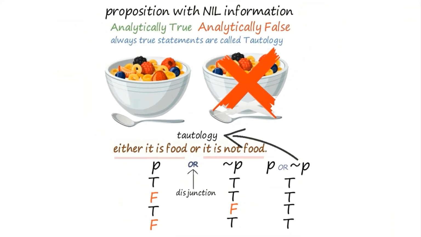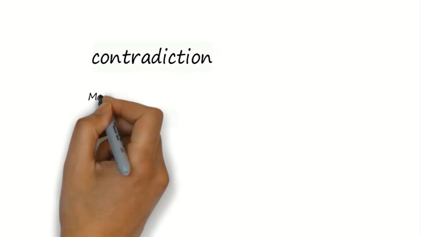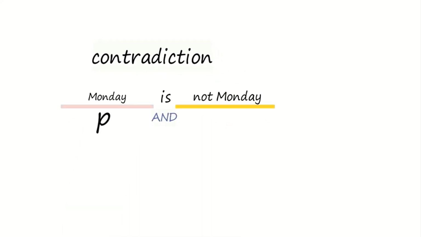Again, in this case, "either it is food or it is not food," this statement is true, but the information in this statement is actually nil. So basically, a tautology gives no information. As discussed, a contradiction means statements which are analytically false.